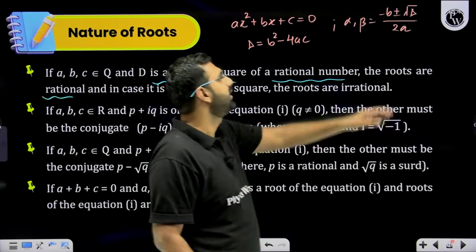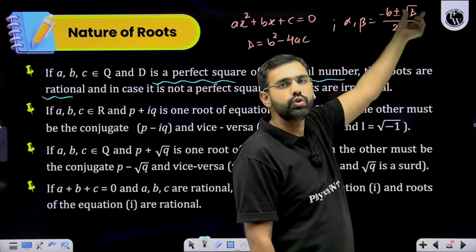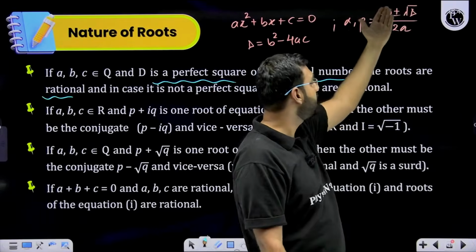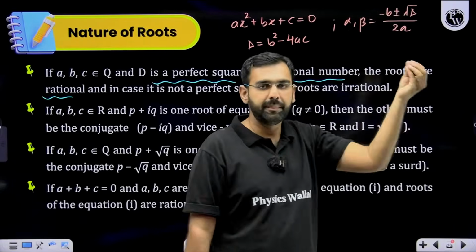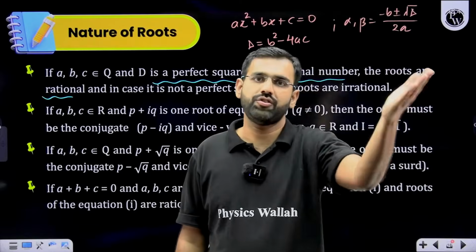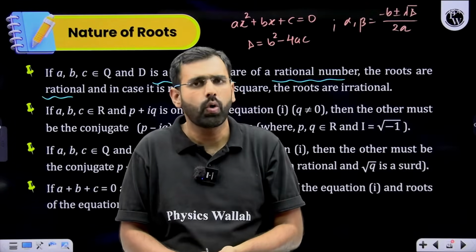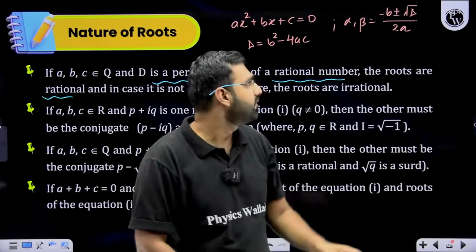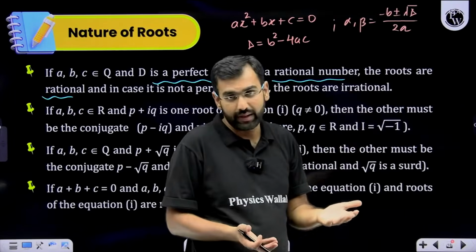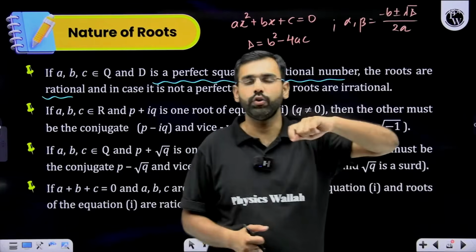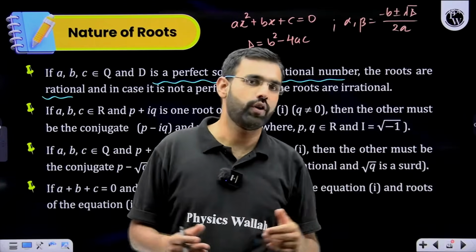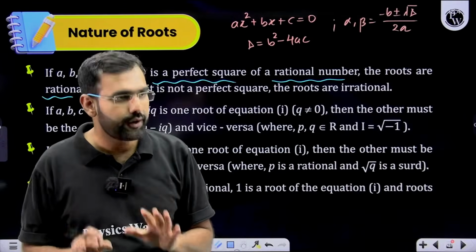Because see, if d is, let's say, 36, then root 36 will be 6. So minus b plus minus 6 upon 2a. So b and a are simply rational. So rational plus minus rational upon rational will be a rational number. There is no scope of it being irrational. But if this d is not a perfect square, then of course this root d will get introduced. It will make it irrational. Of course, the roots will be irrational. Did you all get that?